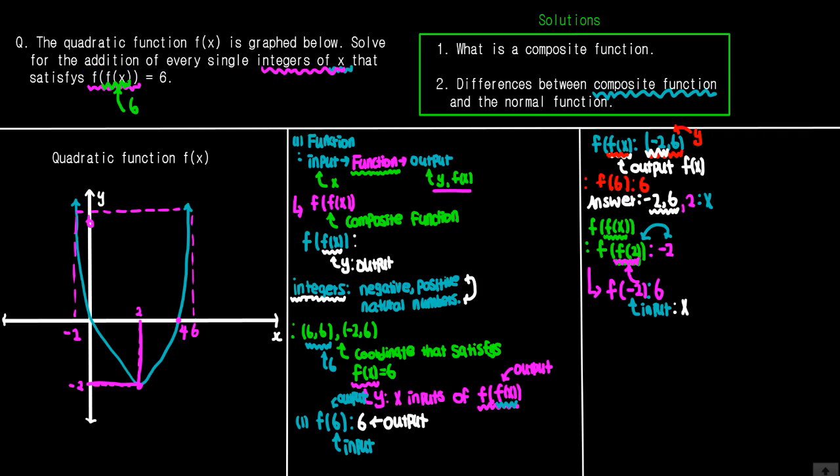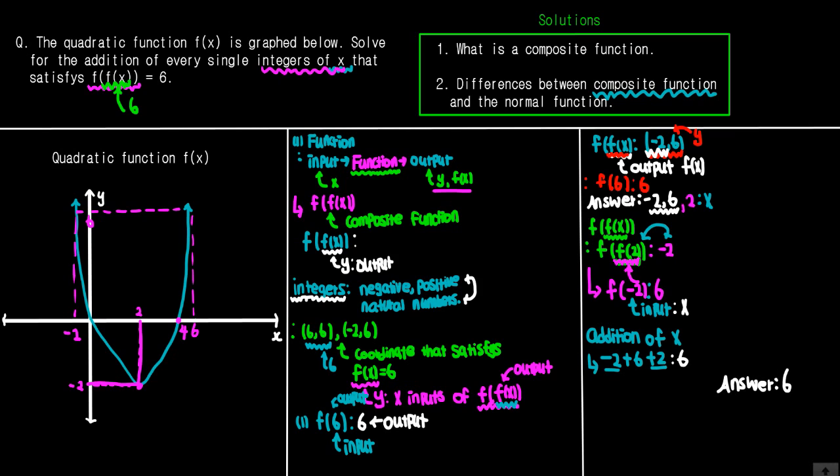So the addition of x that satisfy our function is going to be negative 2 plus 6 plus 2. Negative 2 and positive 2 are going to cancel out as 0. We're going to get an output, or the answer, as 6. So our answer to this question is going to be positive 6.